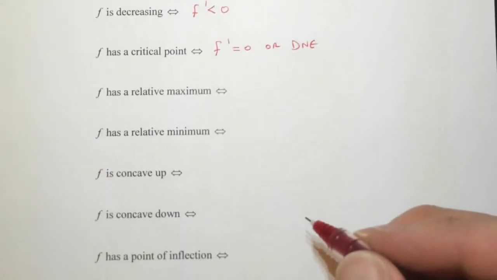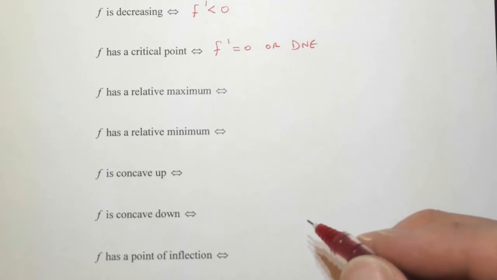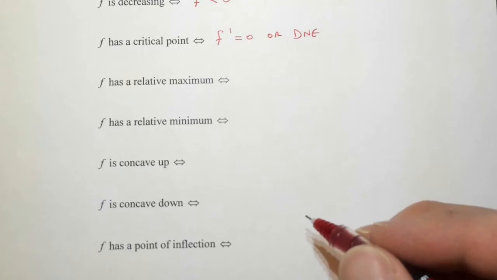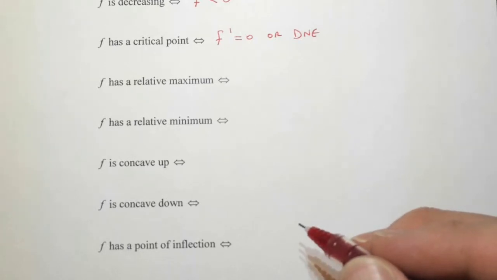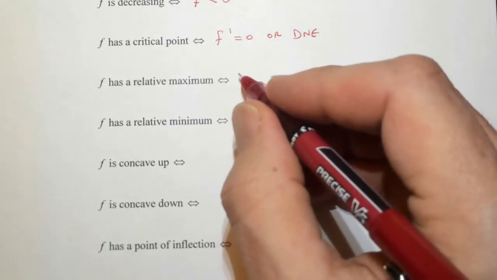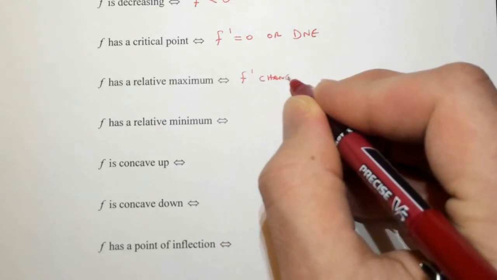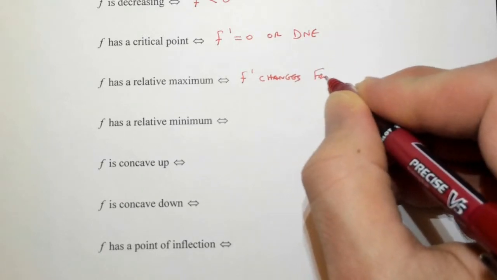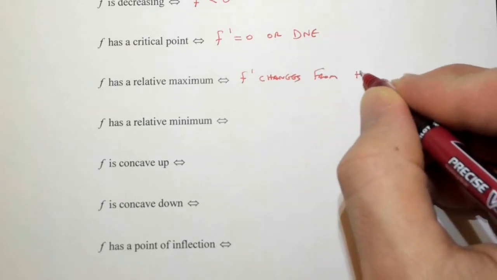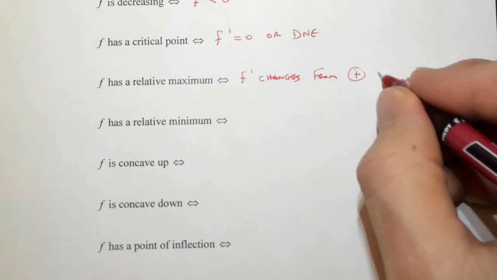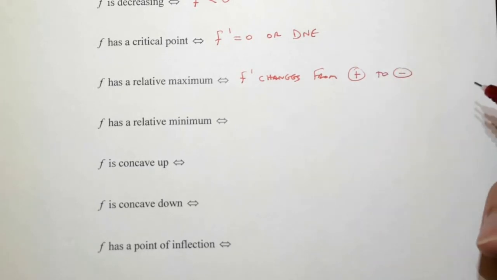The relative max, that was the top of the hill. So one of the connections, which you hopefully wrote down from those graphs, is that the relative max occurred when the derivative changed from positive to negative. So f has a relative max when f prime changes from positive, and I'm going to write positive as a plus sign with a circle around it, to negative.